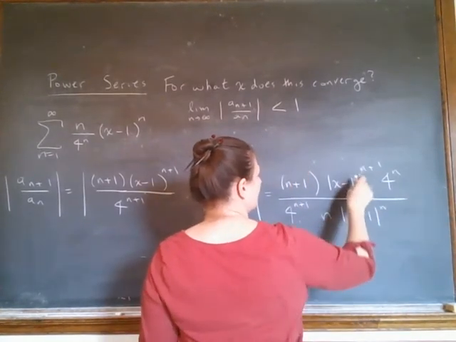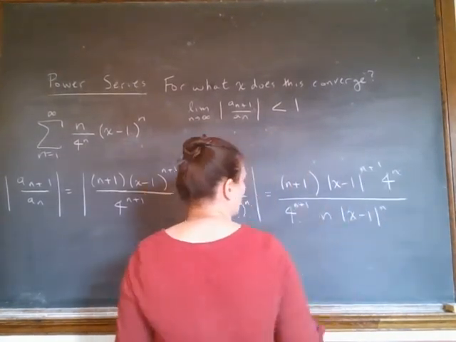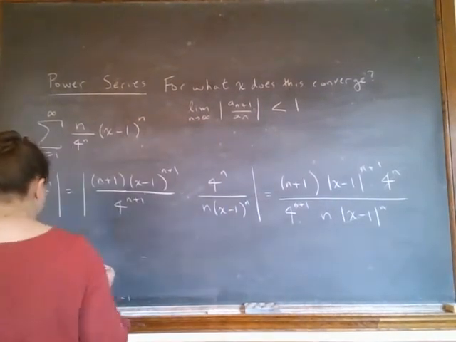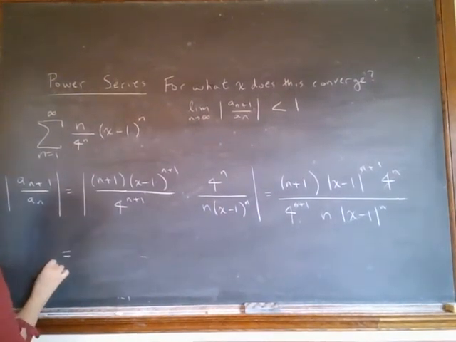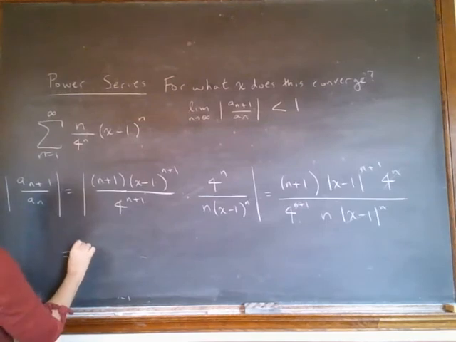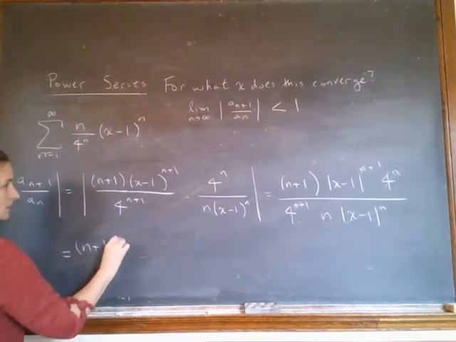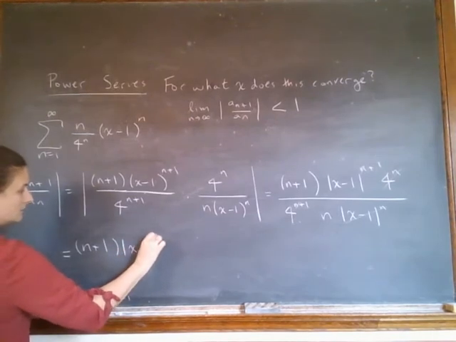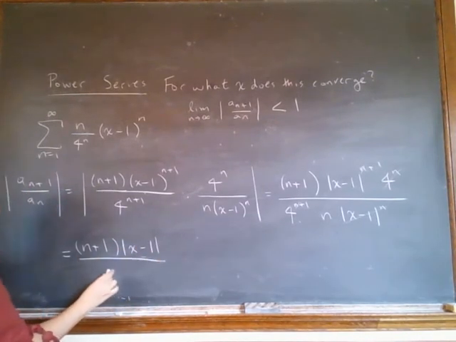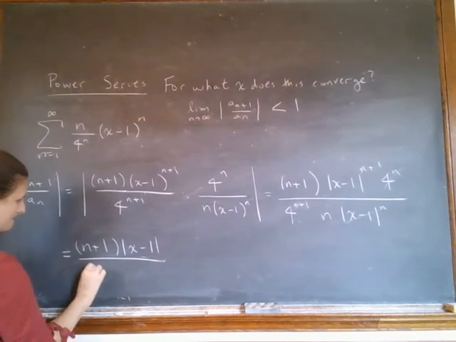All right, so after simplification, I get n plus 1 times x minus 1 in the top. And then at the bottom, I've got 4n.